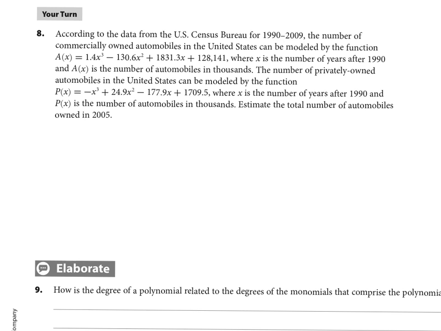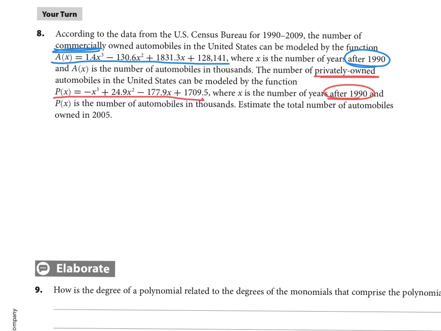First of all, just make sure that you understood. A of X, these are the commercially owned automobiles after 1990, where X is the number of years. If you keep reading, P of X down here, this function is for the privately owned automobiles after 1990. So we've got 2 different pieces, commercial and private.